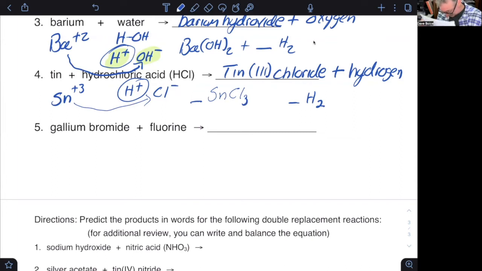Okay, gallium, element number 31, that forms a +3. And then bromide, which is Br, which forms a -1. And in this case, we're doing fluorine.